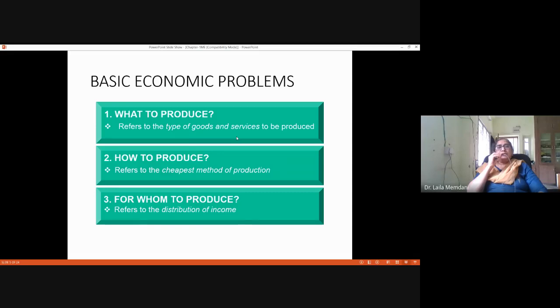The opposite of capitalism is socialism. Under socialism, it is decided by whom? It is decided by the government or the central planning authority. Central planning authority will decide what to produce, how to produce, for whom to produce, with the help of a planning mechanism.